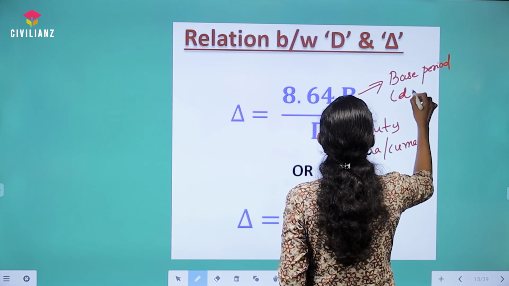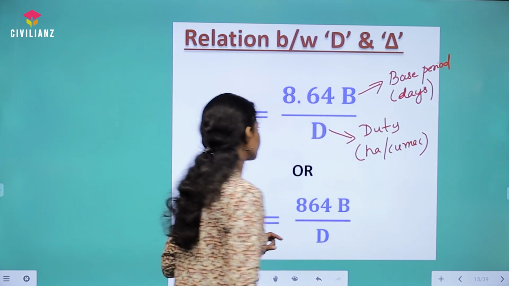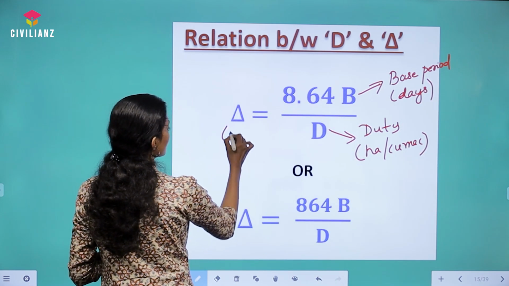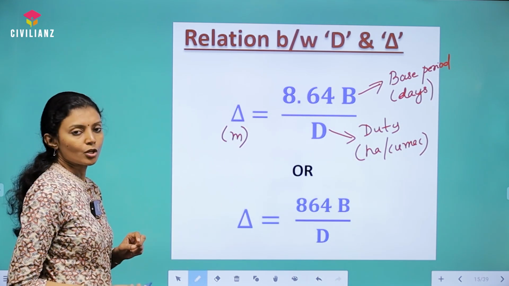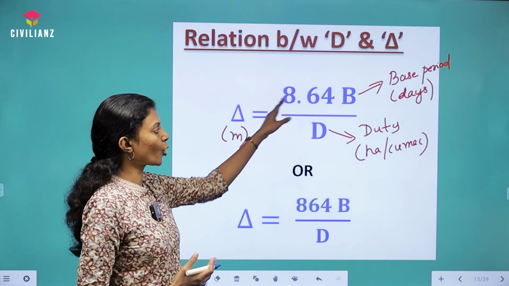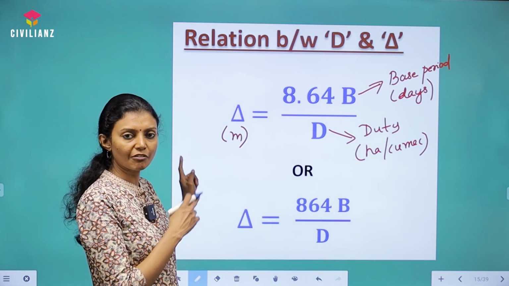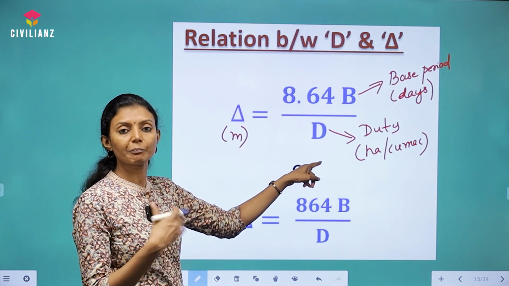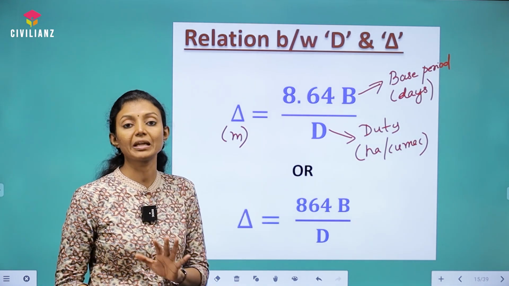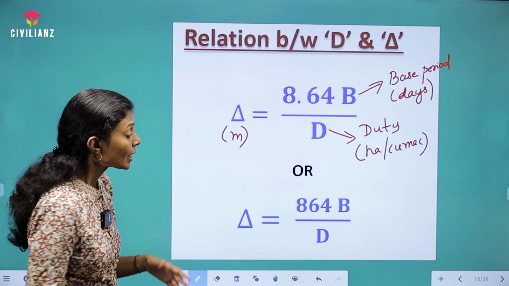The unit of base period is days and delta is in meter. So if you are substituting in 8.64 B by D, delta will be in meter, base period will be in days and duty will be in hectares per cubic.